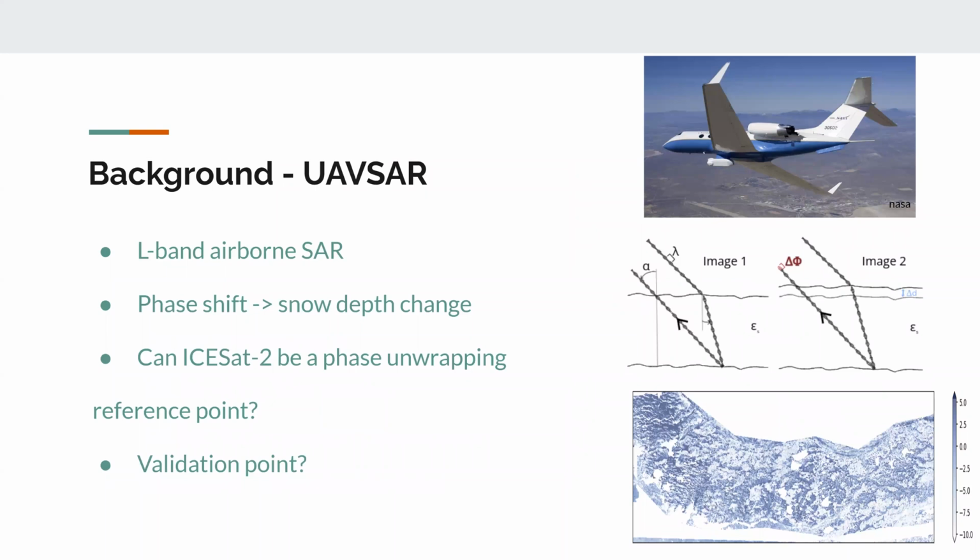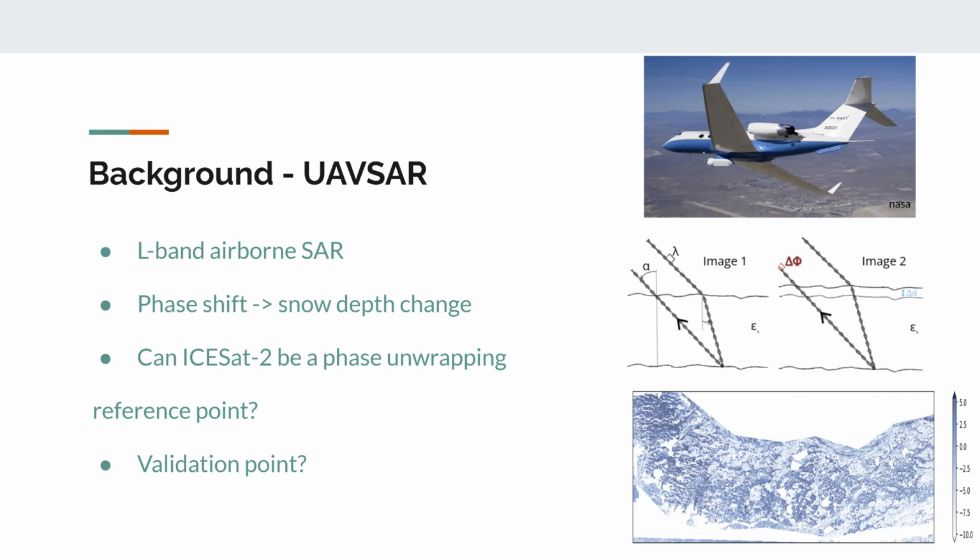I'll go super quick on this because hopefully you all remember the tutorial, but UAVSAR is an L-band airborne synthetic aperture radar, and interferograms derived from UAVSAR, the phase shift of those interferograms, can be used to estimate snow depth change between the two time points. In order to actually get that phase difference, it's a relative thing, so to tie it to a real difference, you need a reference point.